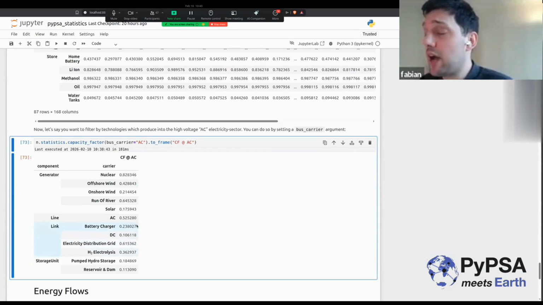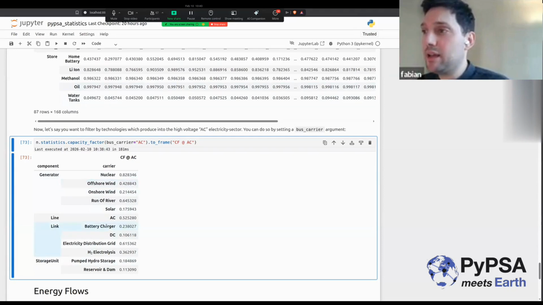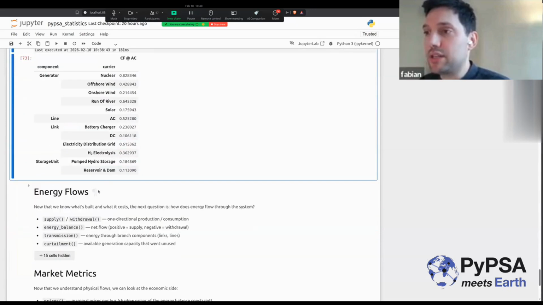So you can easily derive things like full load hours, indicators that are very much used in system analysis and that are linked to the capacity factor. Again, you could see that also as a time series, which might be interesting, and then you would plot it and get a more dynamic relation between the capacity factors and the operation in the system.